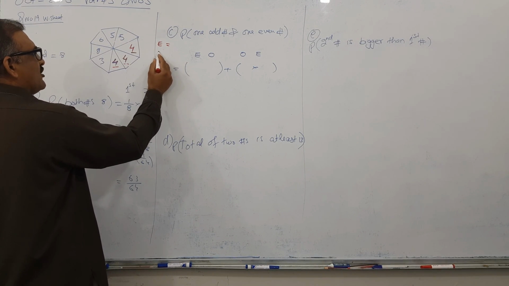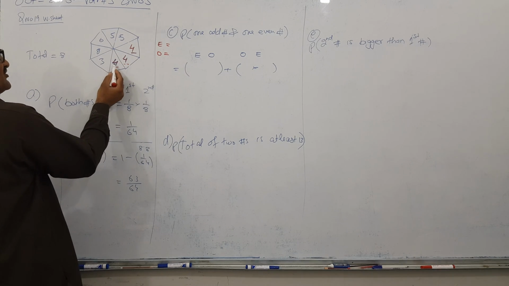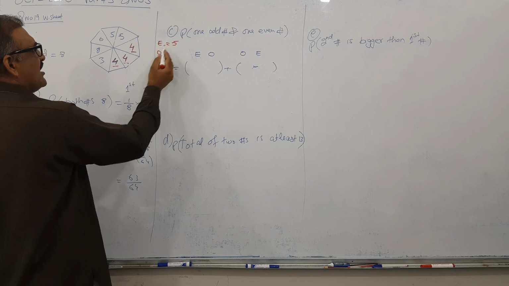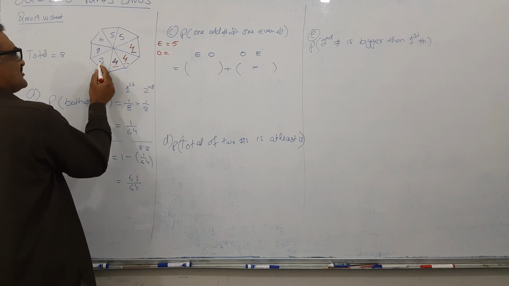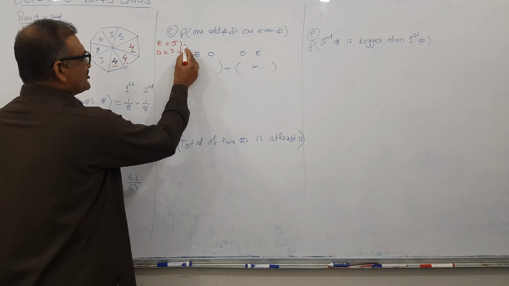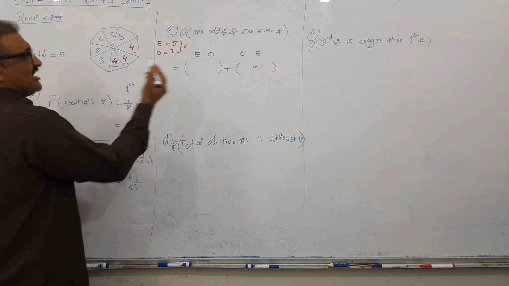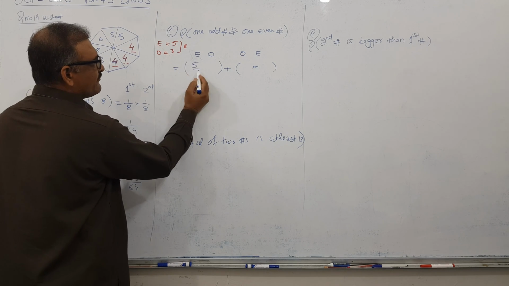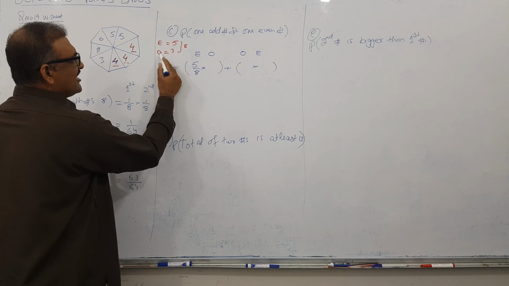Let's count, and count the odd numbers. Even numbers: 1, 2, 3, 4, 5 numbers are even. And odds are naturally 3. So it is clear. And total are how many? 8. So if I ask what is the chance of the even number, you say sir, 5 are even, so 5 by 8, into odd numbers is 3 by 8.